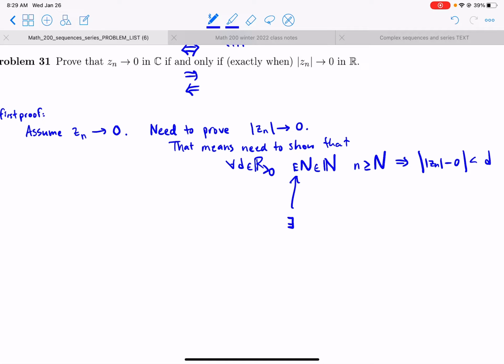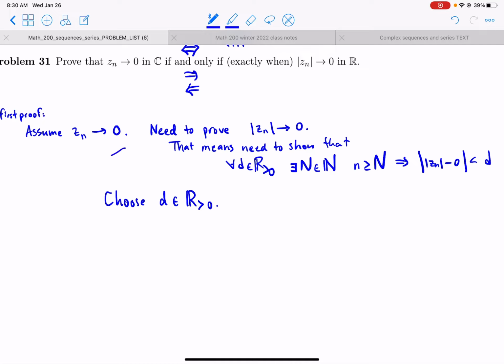It should be this symbol, or \exists in LaTeX. So I'm carefully checking there exists an n. All right. So how do we do that? Well, we start the same way every time. Choose d, a positive real number.